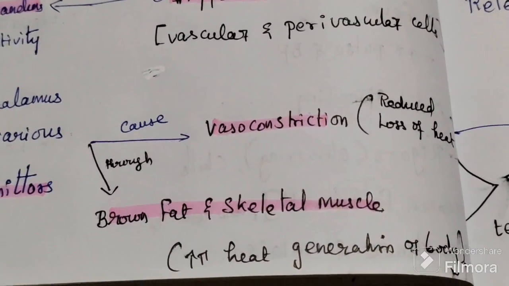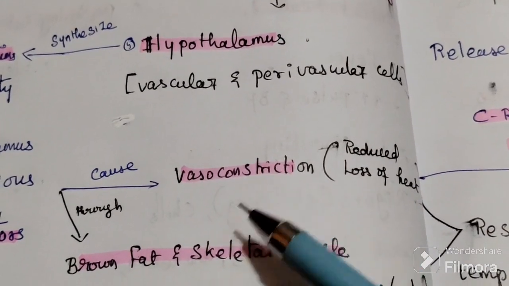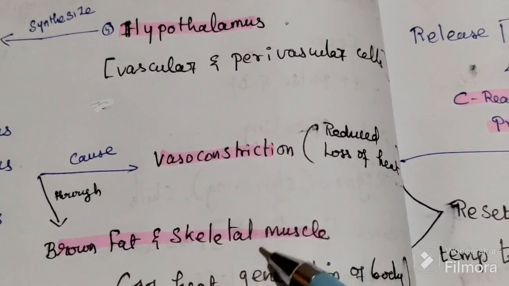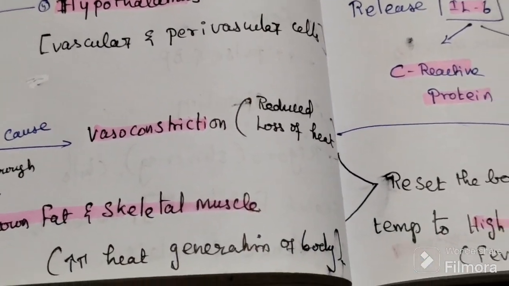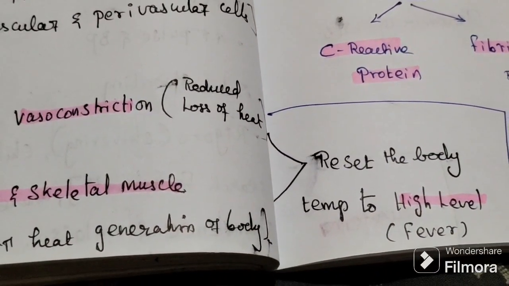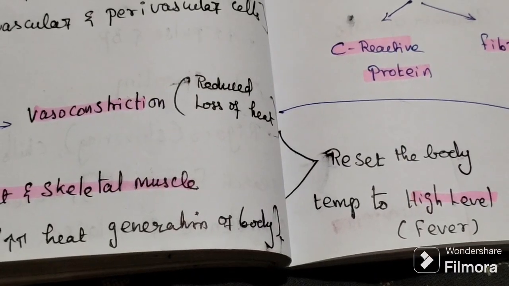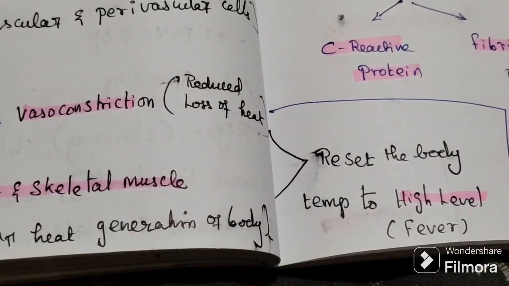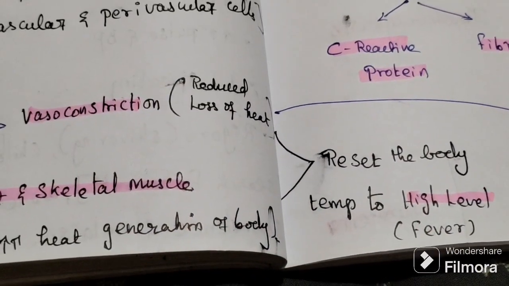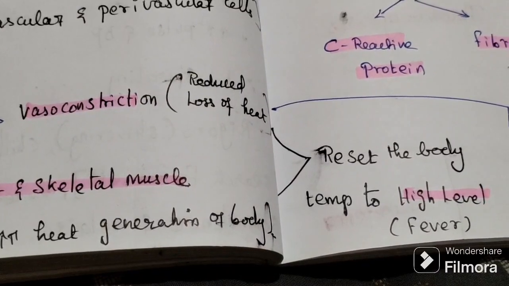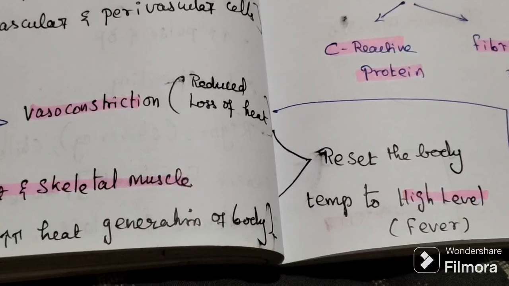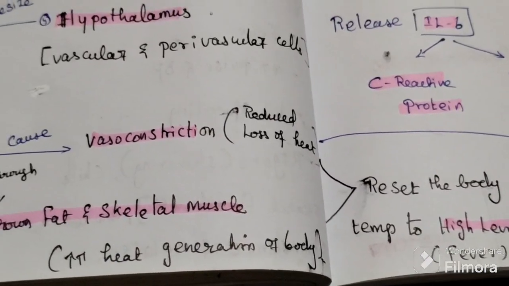The combined effect of reduced heat loss and increased heat generation resets the body temperature to a higher level, and that is what we refer to as fever. So this is how fever actually happens in case of inflammation.